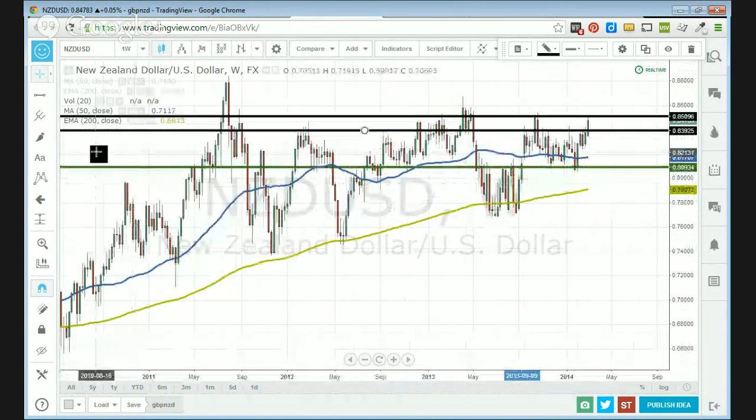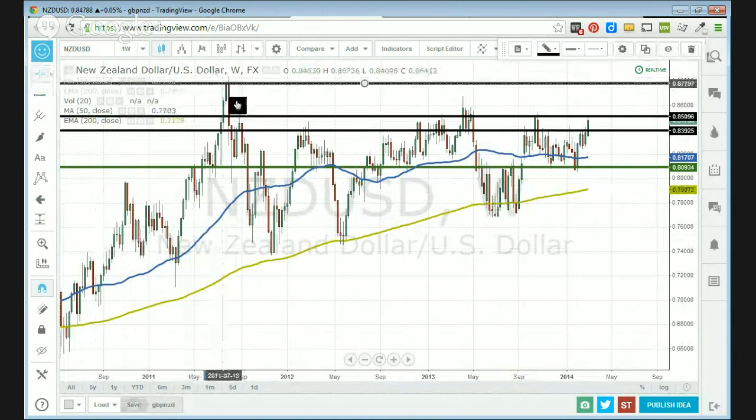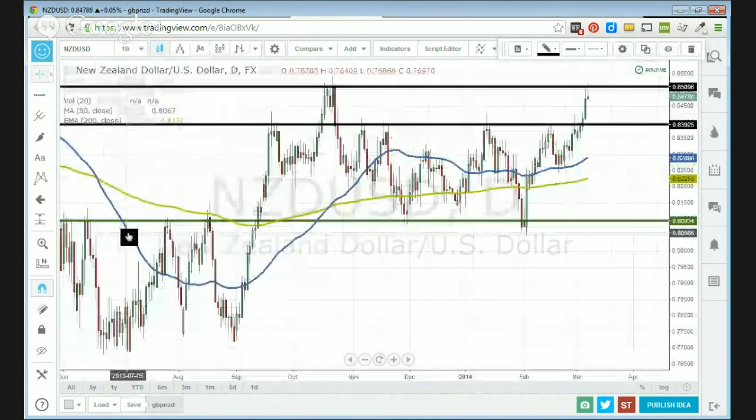And right there. Okay. Hmm. Long or short Kiwi dollar, and that makes sense because I'm long Euro Kiwi.